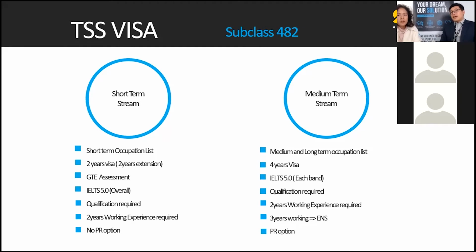But if your TSS visa is granted under the medium-term stream, you will have a 4-year visa. During this 4-year visa, you continue to work for your employer in the nominated occupation for 3 years. Then it's time to apply for the permanent visa. So this is a PR pathway.